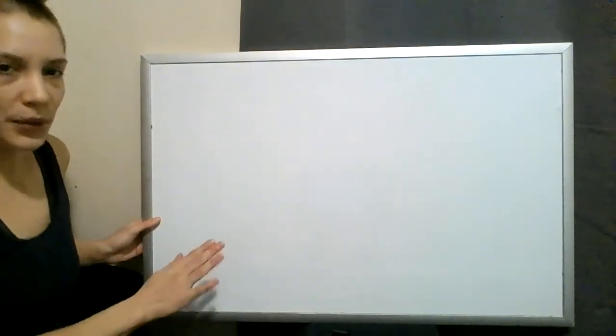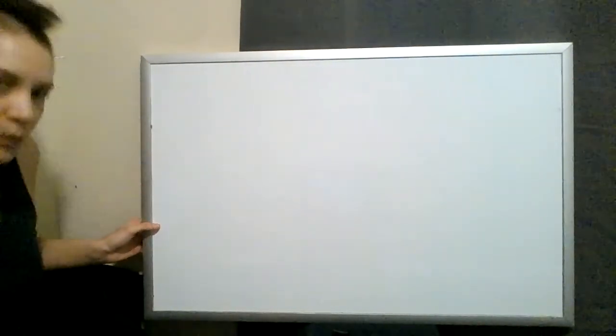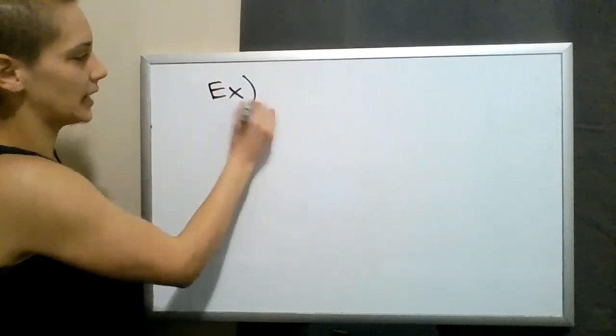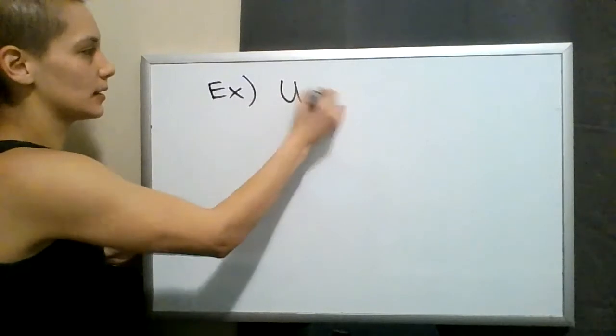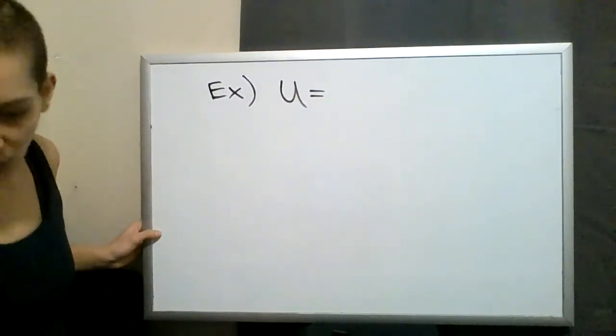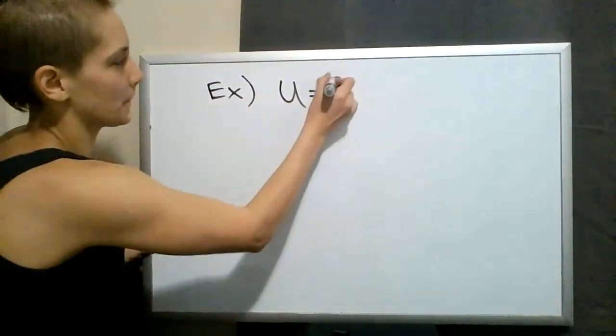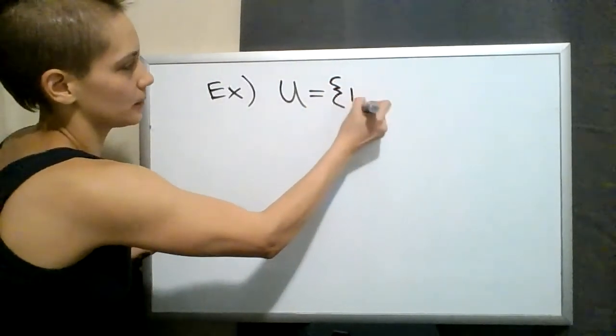So we talked about the universal set being the entire space that you're working in, and it's a capital U. This time we have 1, 2, 3, 4, 5, 6, 7 inside of your set.